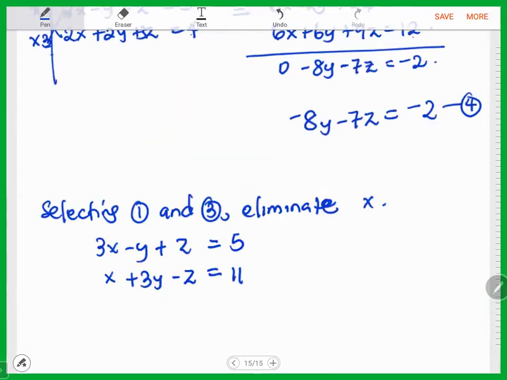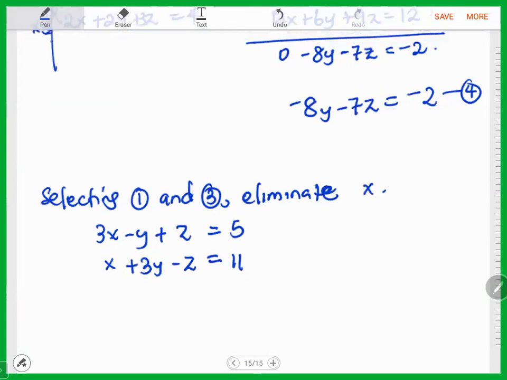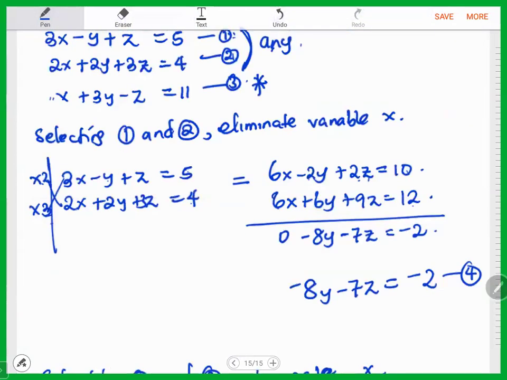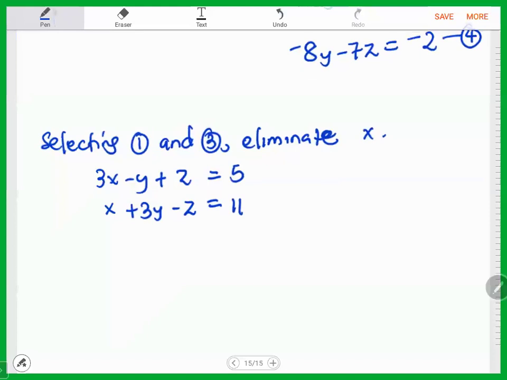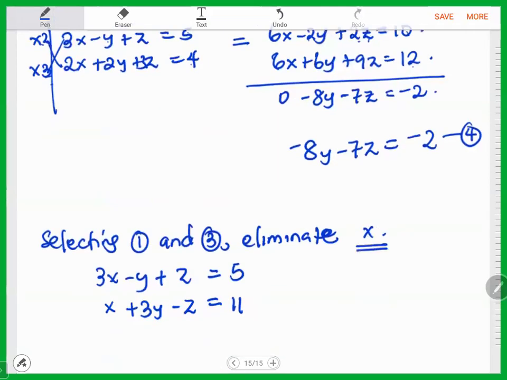So we are eliminating x again, because previously we eliminated x. Even here we must eliminate x, such that the two equations that we remain with have similar variables.